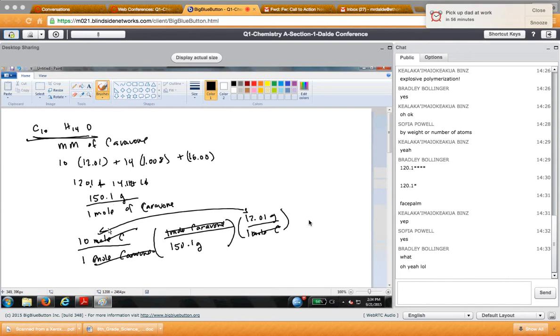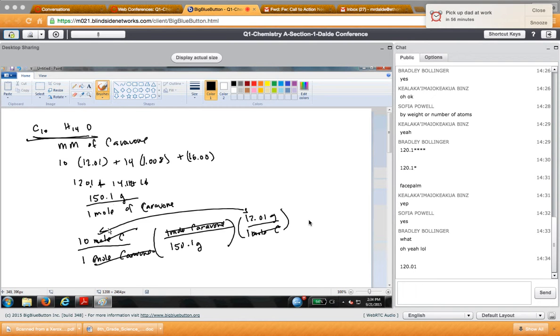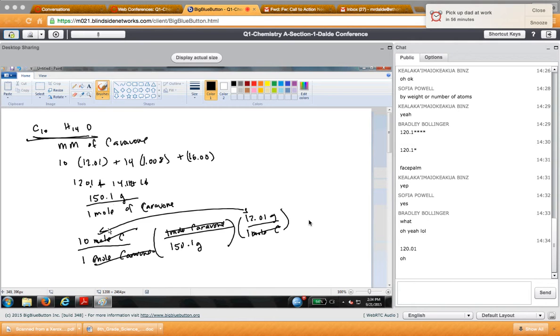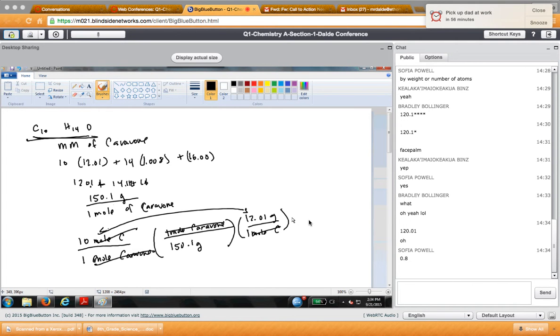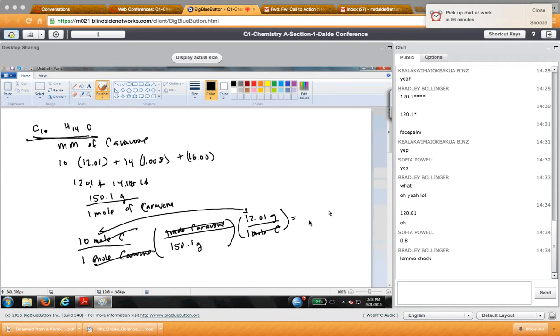Yeah, 120 divided by 150. 80% equals 0.800006, something like that, right? Actually, two zeros and a 6. Doesn't matter because I'm converting it over to percentage, so this would be 80%.